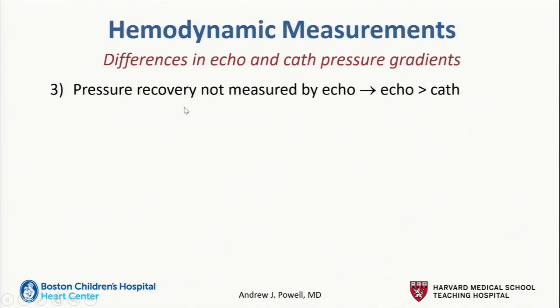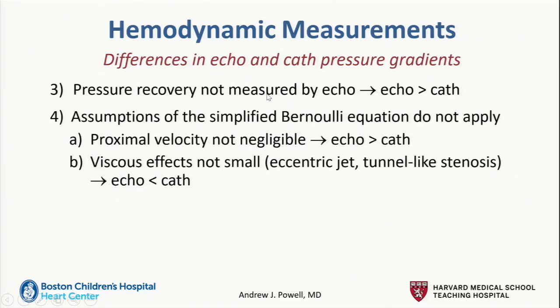The third situation is that, as I mentioned a moment ago, the pressure recovery is not measured by echo, and thus you can expect the echo gradients to be larger than cath as a result of this phenomenon. A fourth situation is that the assumptions of the simplified Bernoulli equation don't apply.